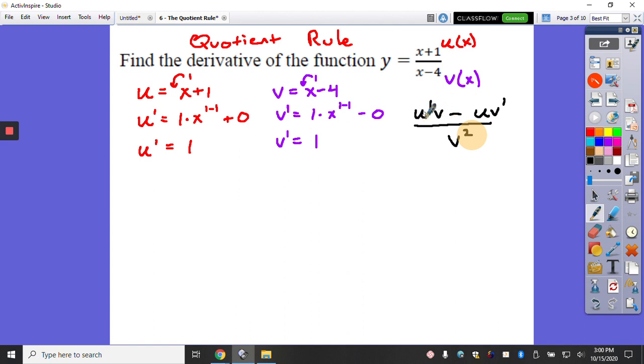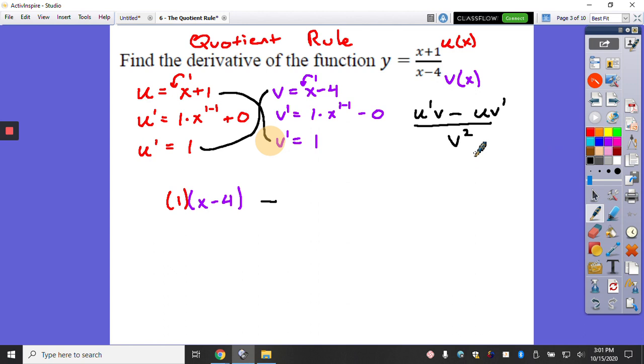So my first pair is u prime and v. So my first pair would be these two right here. Okay? So u prime, which is 1, times v, which is x minus 4. Minus my other pair, u and v prime.